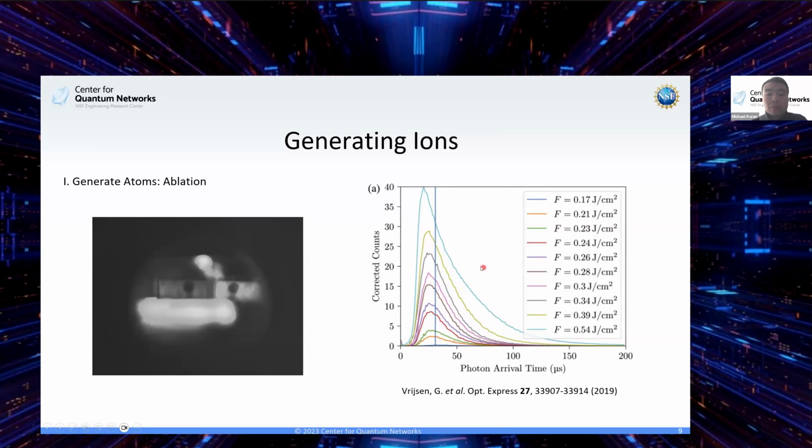With this method, the center of mass speed generated is about 500 to 1,000 meters per second, which is greater than the oven method, depending on fluence. This method of loading is much faster, on the order of seconds, but a drawback is that it's less directed because there is a limit to the Rayleigh range, which is the range at which the laser stays focused.